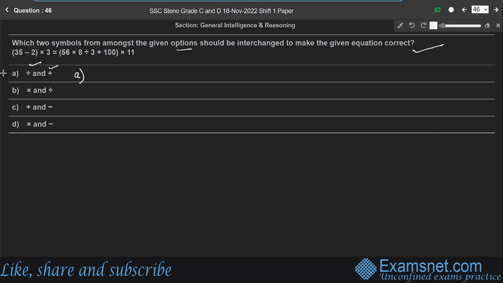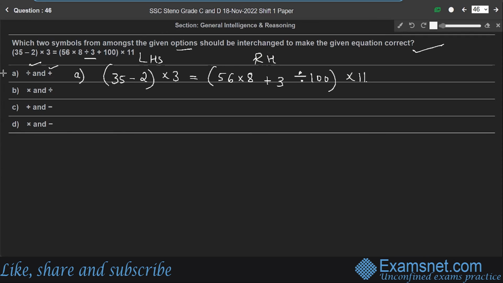So given equation becomes 35 minus 2 into 3 should be equal to, inside the bracket we have 56 into 8 divided by 3 becomes plus 3, plus 100 becomes divided by 100, into 11. So we'll go for left hand side and right hand side separately.